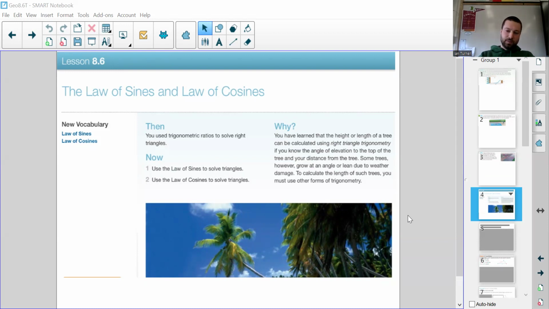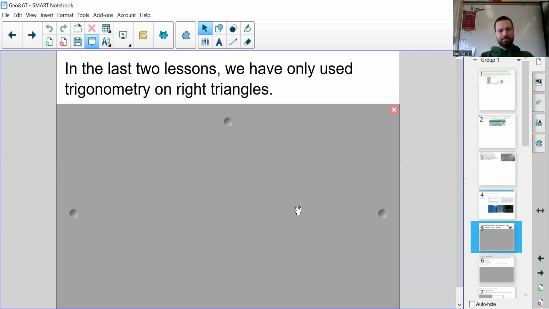Okay. So here's a little intro to it. Basically this whole chapter, we have only used trig on right triangles, right? We did Pythagorean theorem, special right triangles, and trig. That all had to be a right triangle, okay?